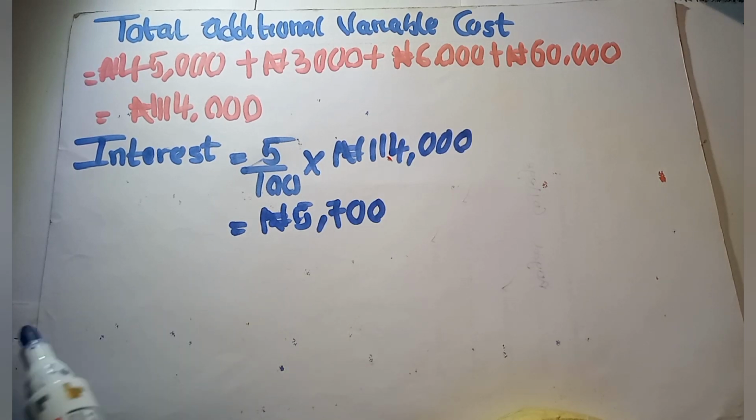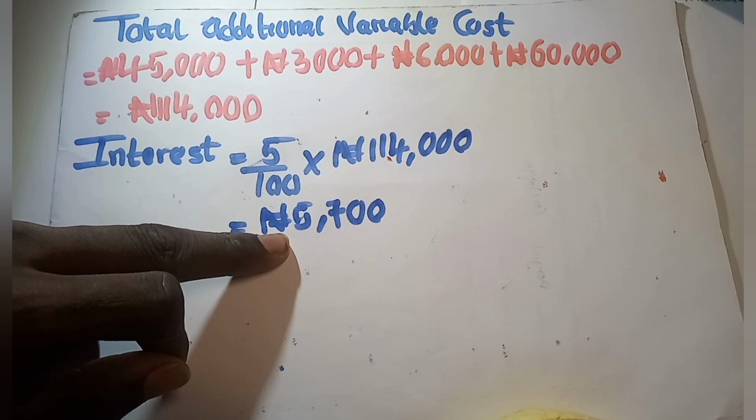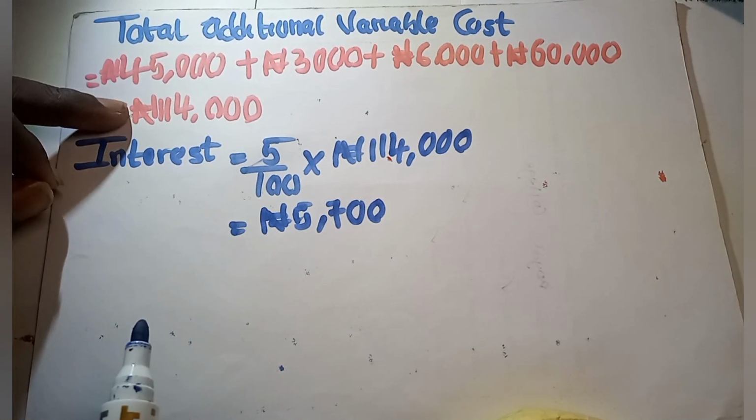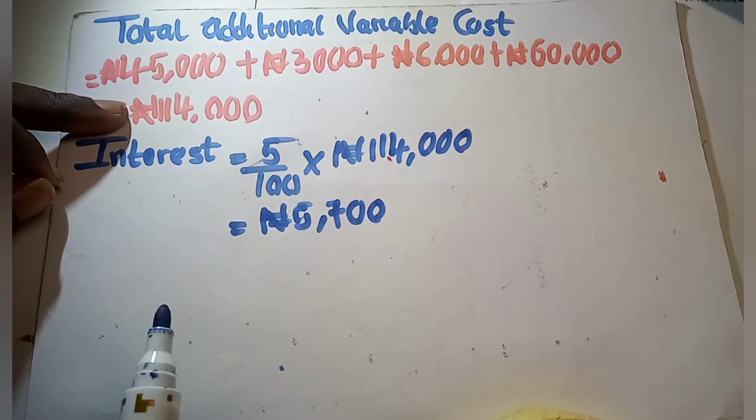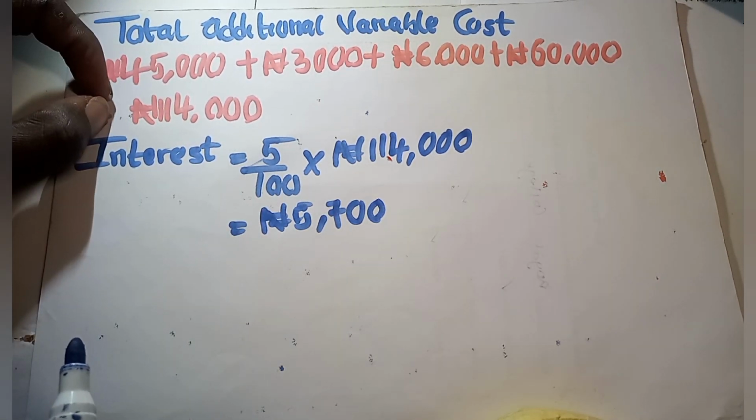5,700. So the total additional variable cost will be the addition of this interest rate with the 114,000 naira.